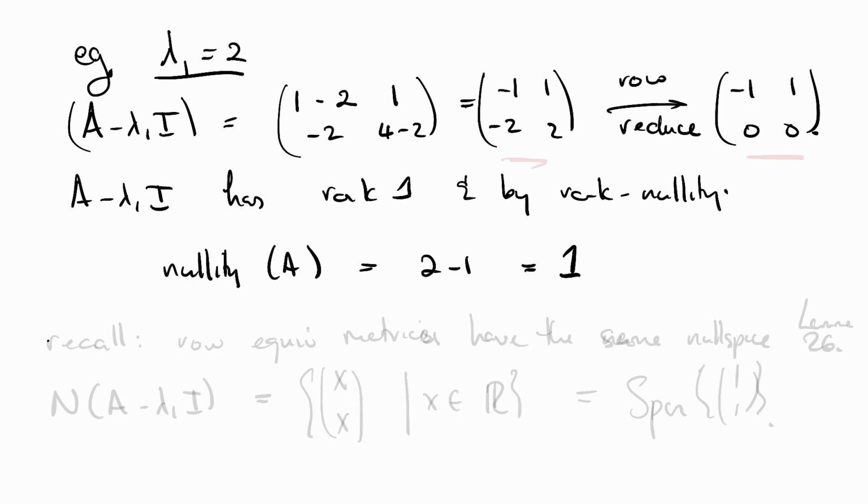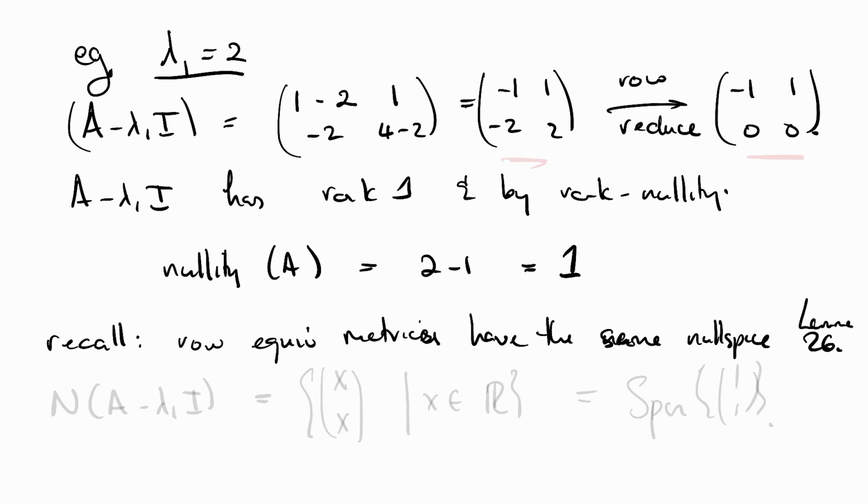Recall that row equivalent matrices have the same null space. This is lemma 26, if you recall. So we can find the null space for this matrix instead of this one.